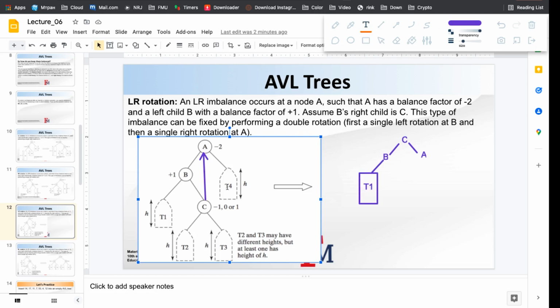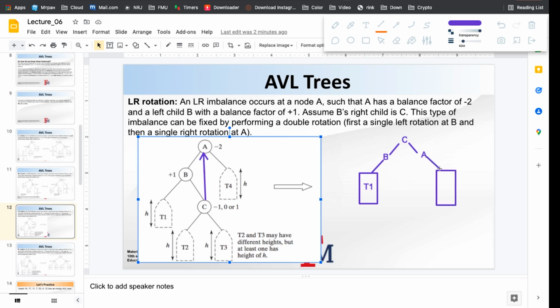T4 used to be on the right from A, and basically on the right from everything. That's why it has to keep staying on the right from A. So T4 has to be staying here. That's the only place where it can fit.